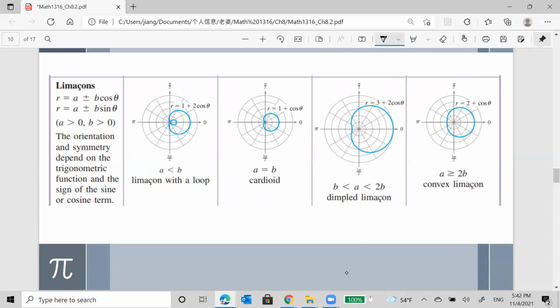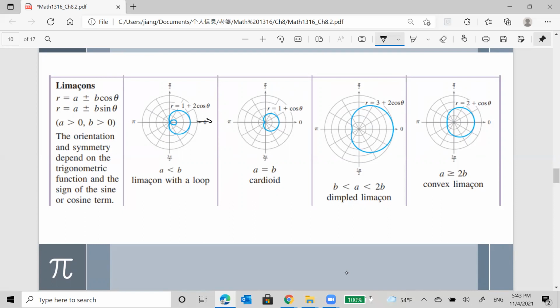You just pull this shape to this side. And then if b is bigger, you give more strength. b is bigger than 1 because you put more strength on the suction cup. So you will make an inner loop because b is greater than 1.